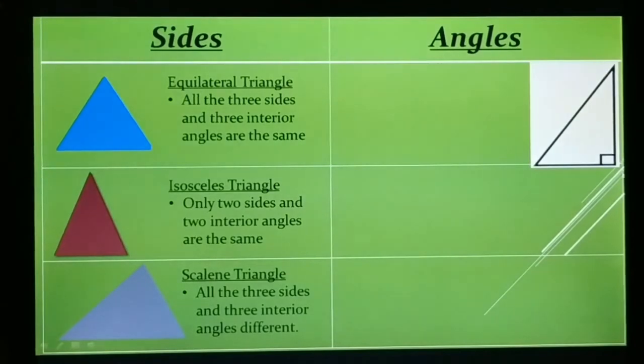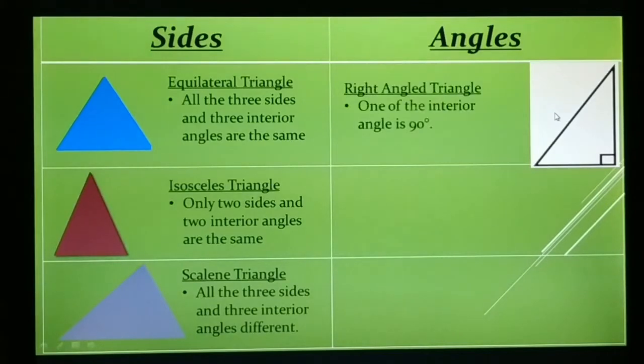So we know about this kind of triangle, with a small box, and this is a right angle triangle. One of the interior angles is 90 degrees. It does not matter how long the sides are, but what matters is that one of the interior angles is 90 degrees.